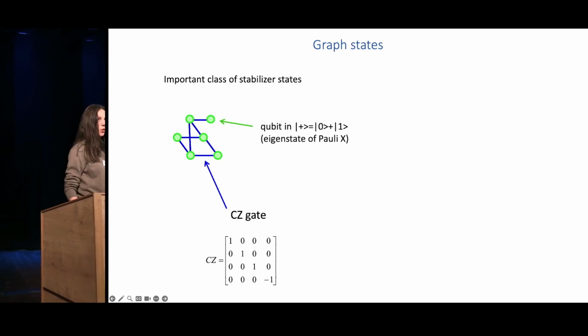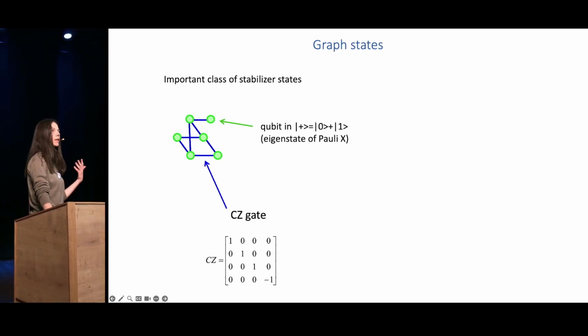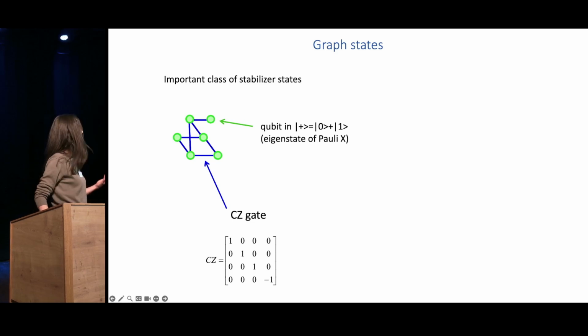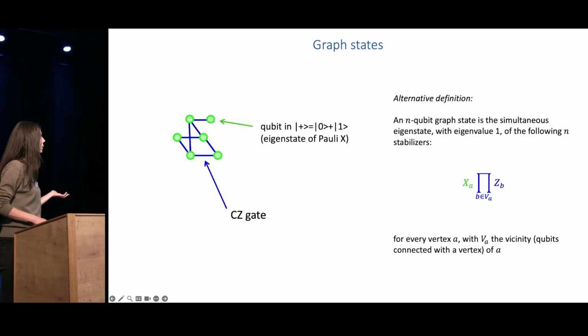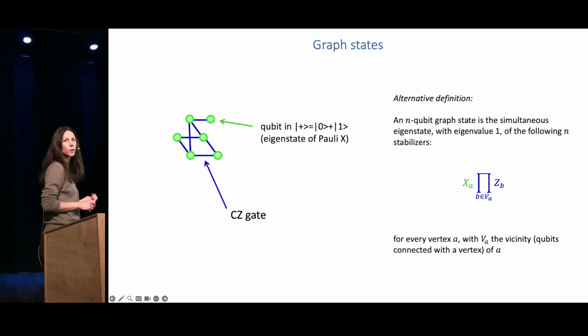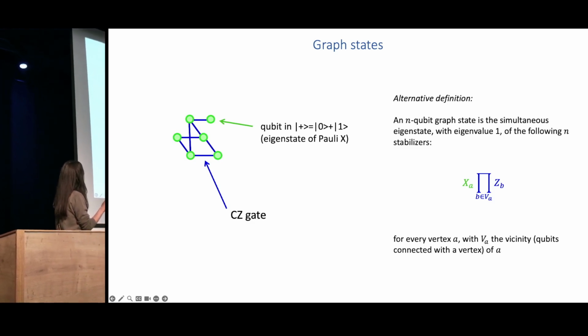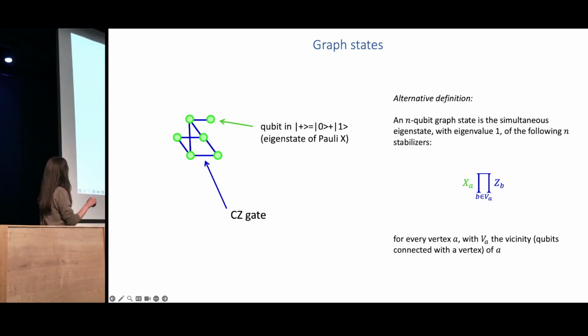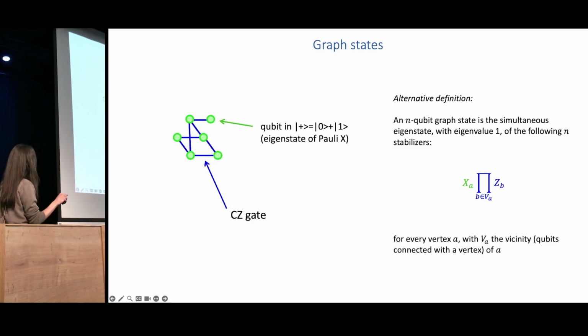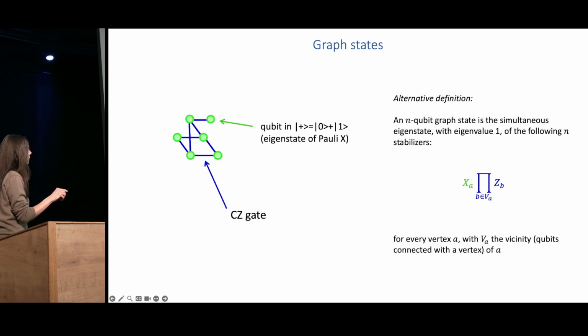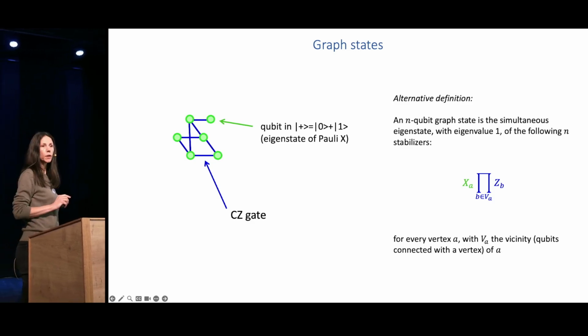Now, we went through the pain of going over stabilizers and definitions for a reason. That's because these states can also be defined in terms of stabilizers. So I'm going to have n stabilizers for an n qubit state. And the way I'm writing the stabilizers down, I'm going to look at every qubit.